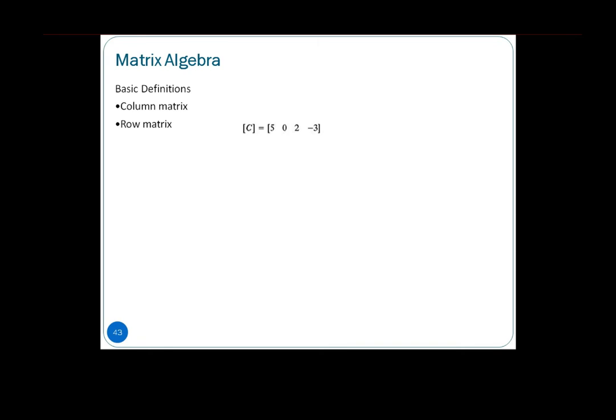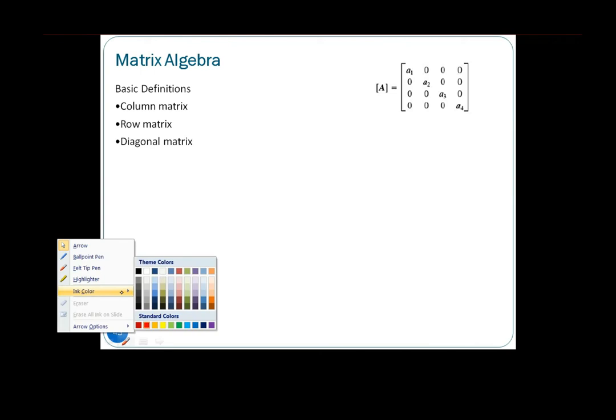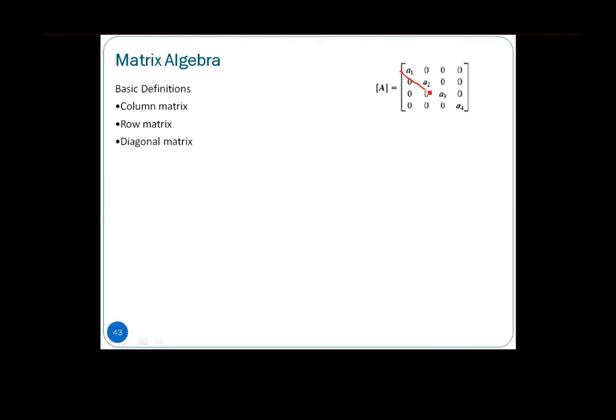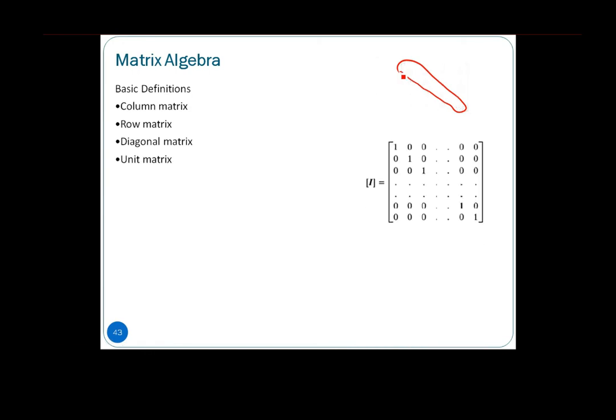Then we will have the diagonal matrix. Here we are referring to just the diagonal matrix, right? Then we have the unit matrix, unity. So it's also diagonal, but the diagonal entries are replaced by 1.